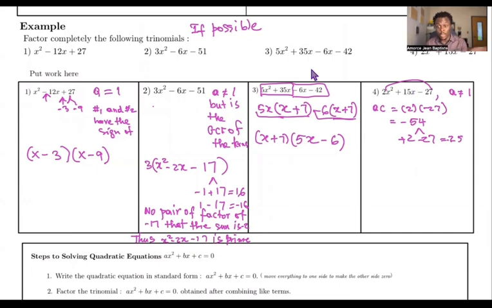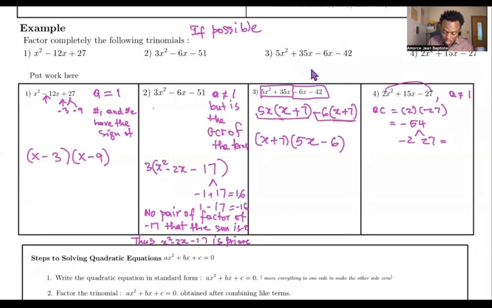So the larger number will take the sign of B. So the larger would still be positive. So you don't even have to check whether the bigger number is negative. So we checked, this one didn't work. Negative 2 times 27, the sum is 25, so it won't work.